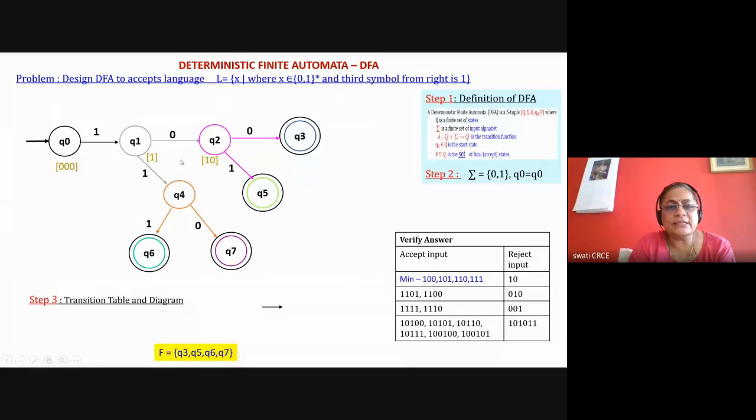Then Q2 remembers that from the initial state the machine has processed 10. Q3 remembers that the machine has processed 100. Then Q5 remembers that the machine has previously processed 101.